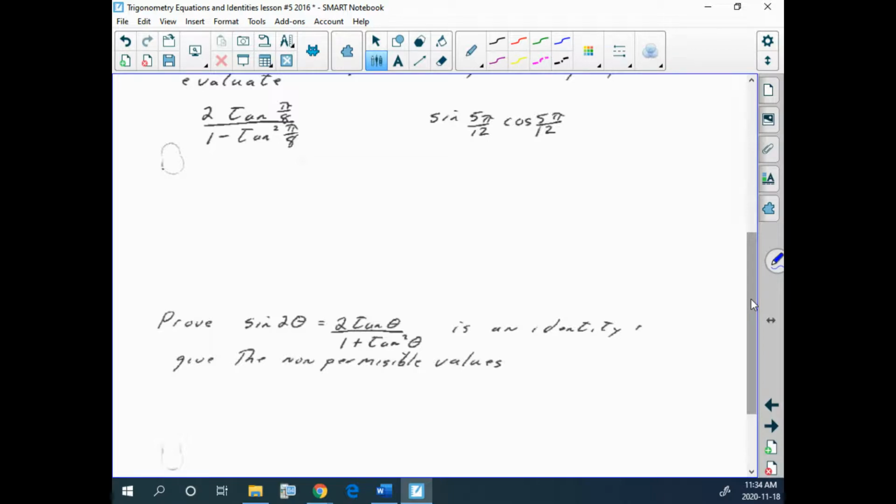And it's not an identity, because it's 2 tangent theta over 1 plus tangent squared theta. So that's not this identity. But we have an identity for 1 plus tangent squared theta.